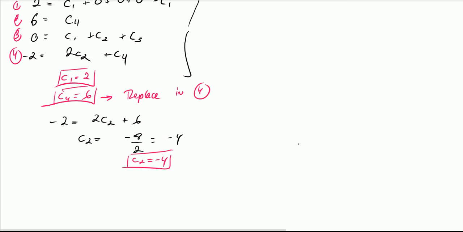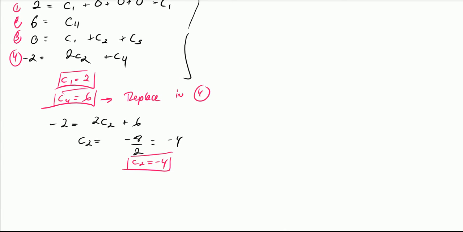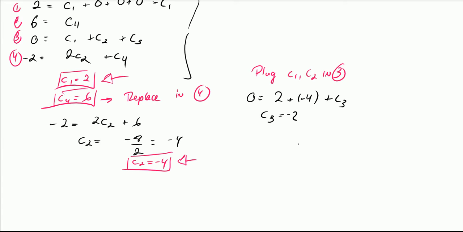And finally C3. I can use the C1 and C2 I just got and plug them into equation 3 to solve for C3. So I'll get 0 is equal to 2 plus minus 4 plus C3, so C3 is equal to minus 2.